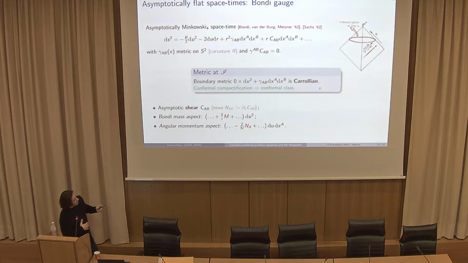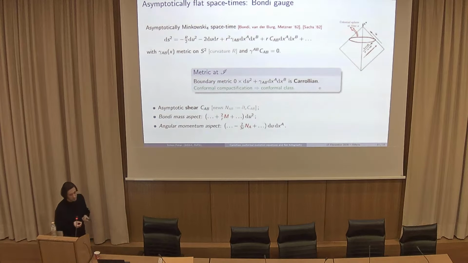As I said, this function C_AB is something that is completely independent, and we can take its u derivative to define this useful new tensor that is encoding the flux of gravitational radiation at infinity. And there are 2 more objects that enter this expansion that is a priori infinite, which are the Bondi mass aspect and angular momentum aspect.